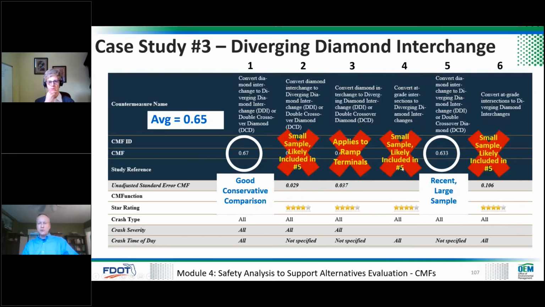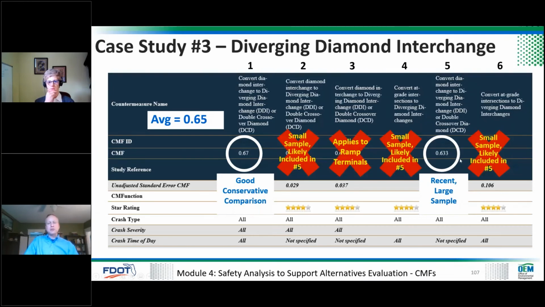Number 4, similar, small sample, likely included in number 5. Number 6 looked like it had a small sample, likely included in number 5. Number 3 applied only to the ramp terminal, so that isn't what I needed. So I was able to eliminate those, and what I was left with was study number 1 and study number 5 that had similar numbers.